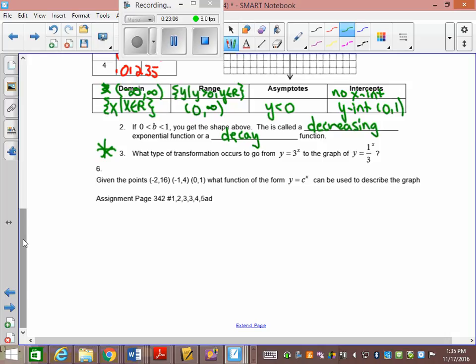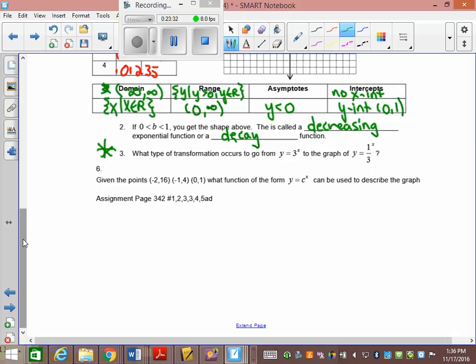How could I make 1/3 be base 3? Because the only way I can compare these is if I made it be base 3. How can I make 1/3 be a 3? Yes, if I make this be a negative 1. If I take this 3 on the bottom and I want to get it up here, I want to get the 3 up and I want to move the 1 down.